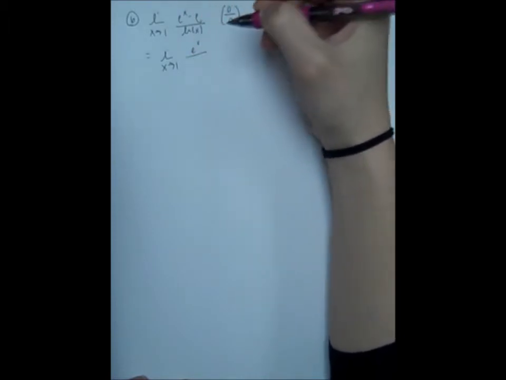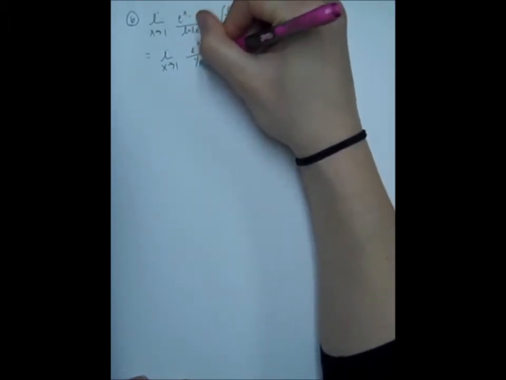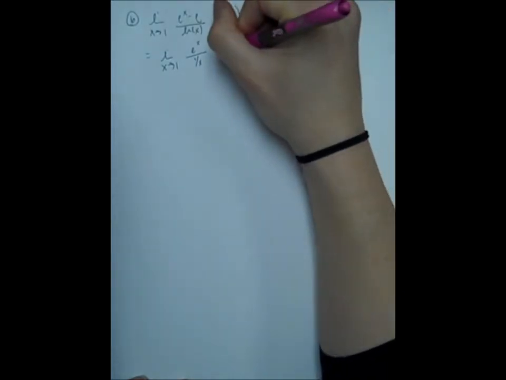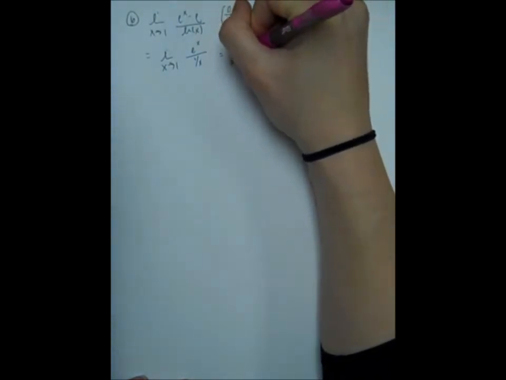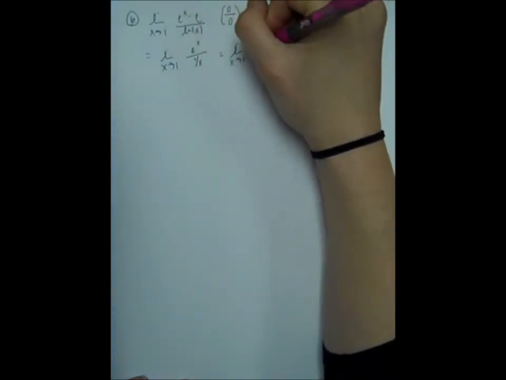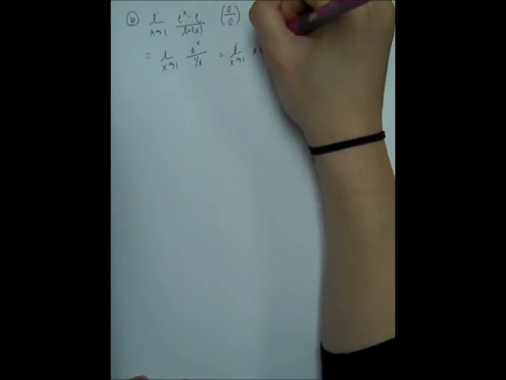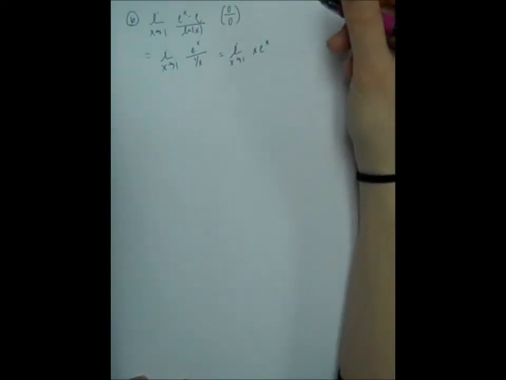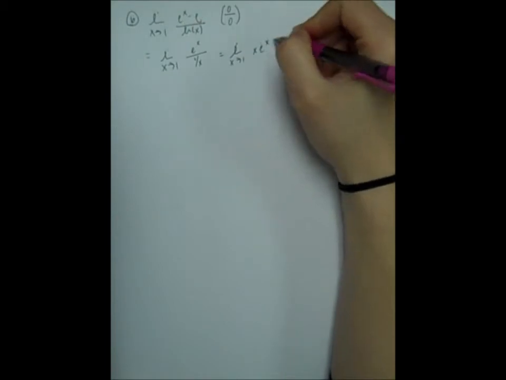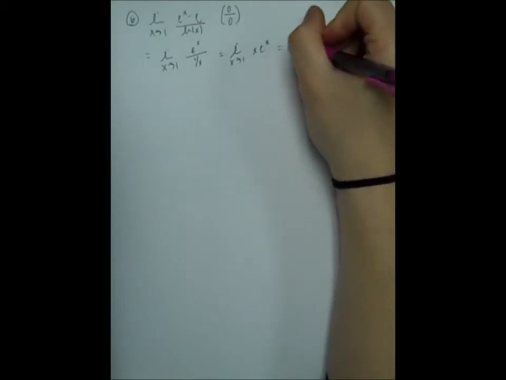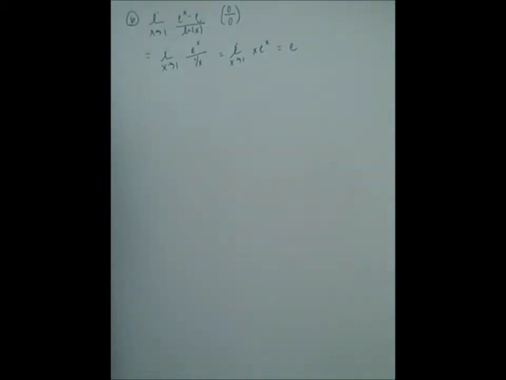Remember, e is just a constant. Over 1 over x. Let's do a little bit of algebra on this. E to the x divided by 1 over x is x e to the x. And now I could just plug in 1 to evaluate the limit. So 1 times e to the 1 is just e. So the limit of my original one is just e.